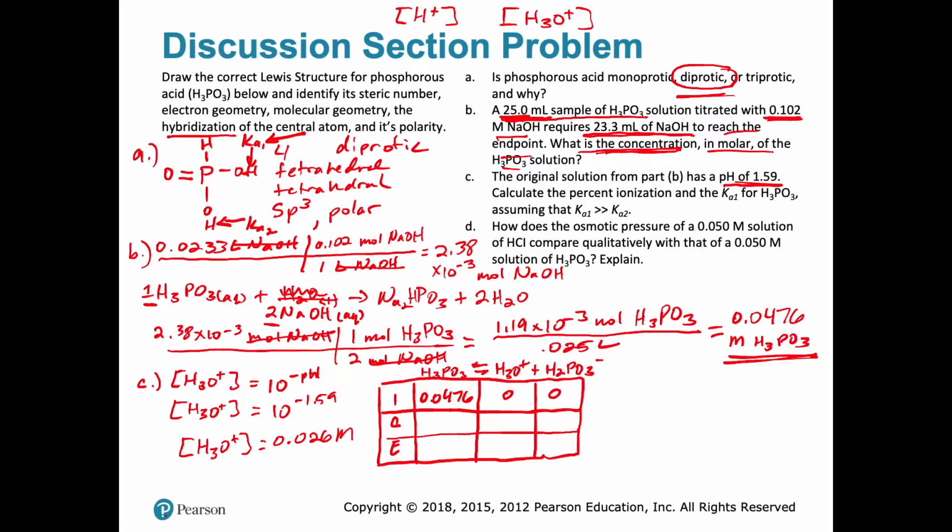The other thing we've already done using all the math, which is great, is that we have figured out that the hydronium ion concentration is 0.026 right there. That's great because now we can fill that in. We know that the phosphorus acid lost this much, and then the hydronium ion gained this much.